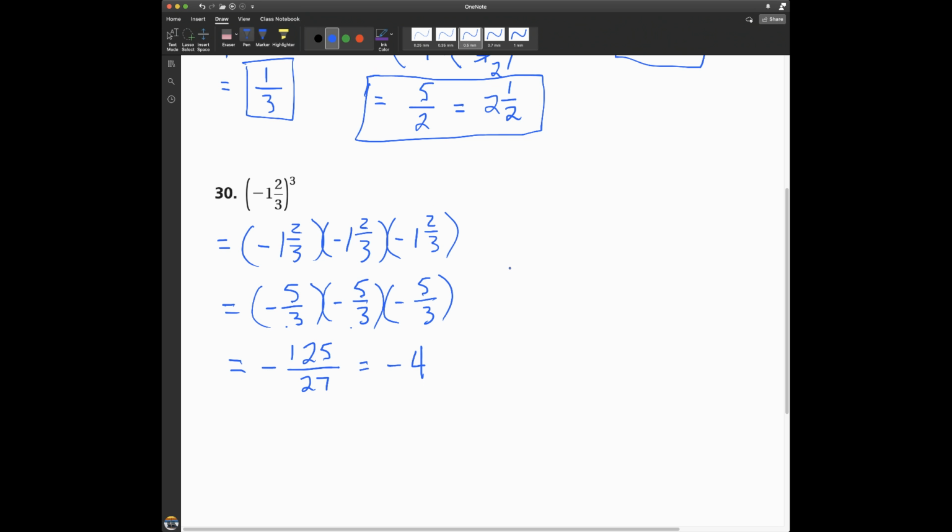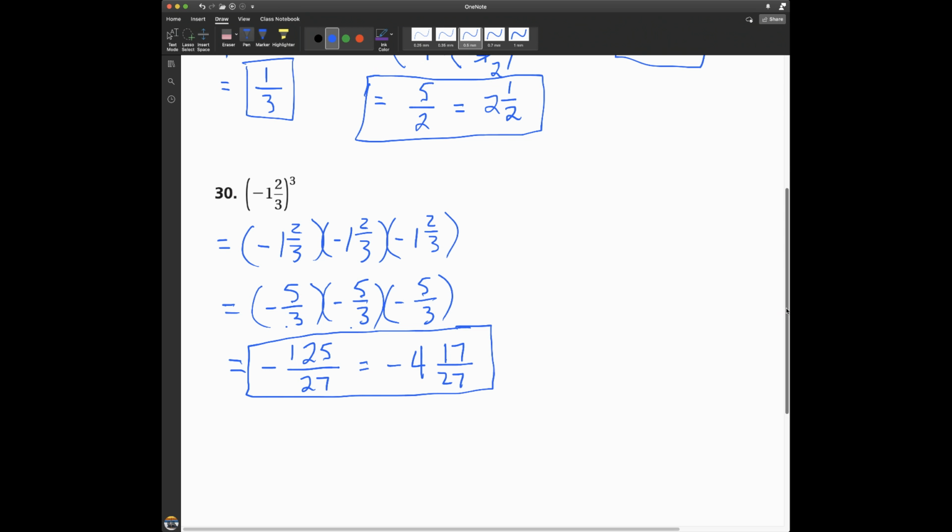So 125 minus 108 is 17. So I could write my answer this way if I want to write it as a mixed number. Notice that took some work. That's why I tell you, you can just leave your answer as an improper fraction. I'm good with that.